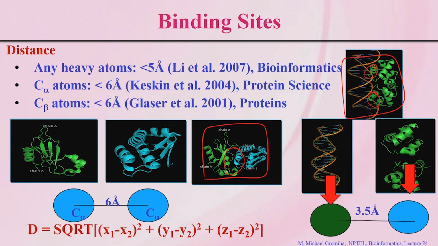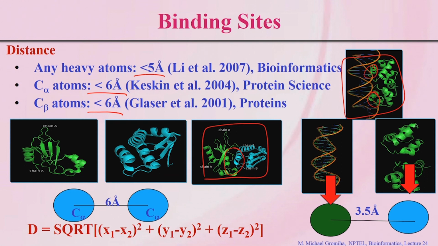If you take C alpha atoms, generally a distance of about 6 angstrom is used. In the case of C beta atoms, here also 6 angstrom is used, and for any heavy atoms it depends upon the type of the complex, and you can change the distance. For example, let us say 5 angstrom for any heavy atoms. You can use different criteria.